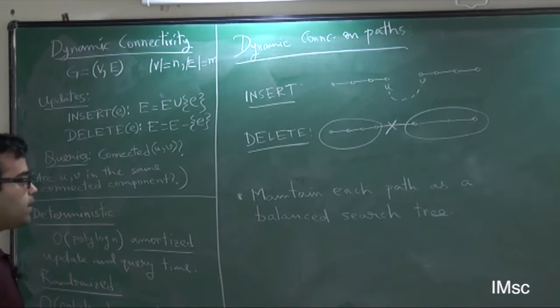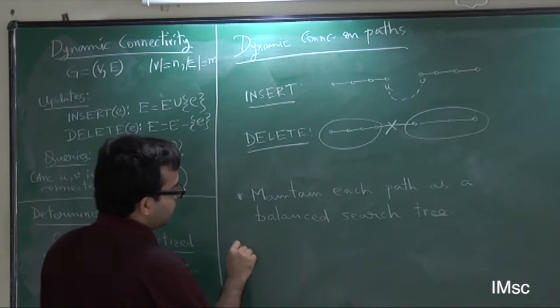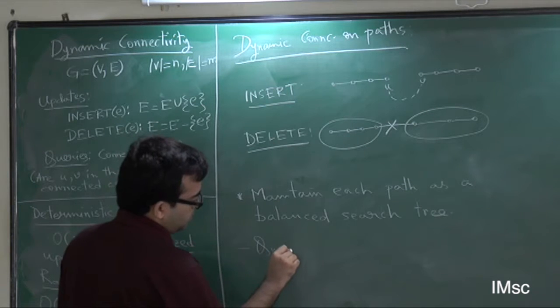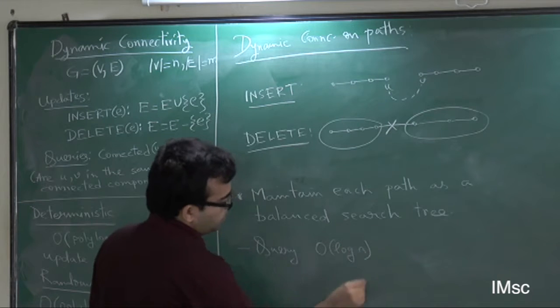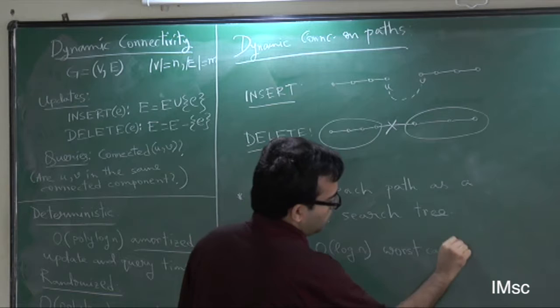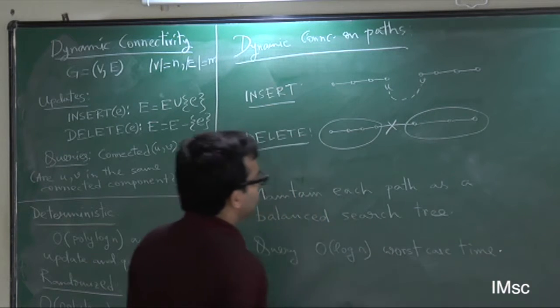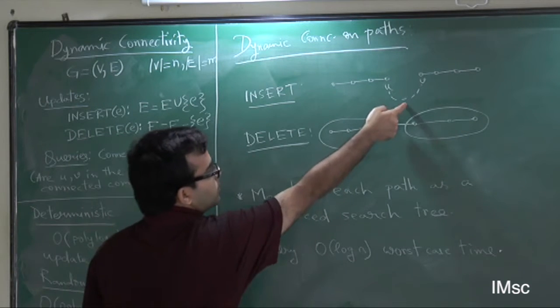So, now when the query comes, what will you do? First of all, there are two nodes on a long path, you just need to ask whether they belong to the same search tree. So, you just traverse to the root and check if the root is the same for these two search trees. So, query will take log n worst case time. What will you do for the updates? First of all, insert.